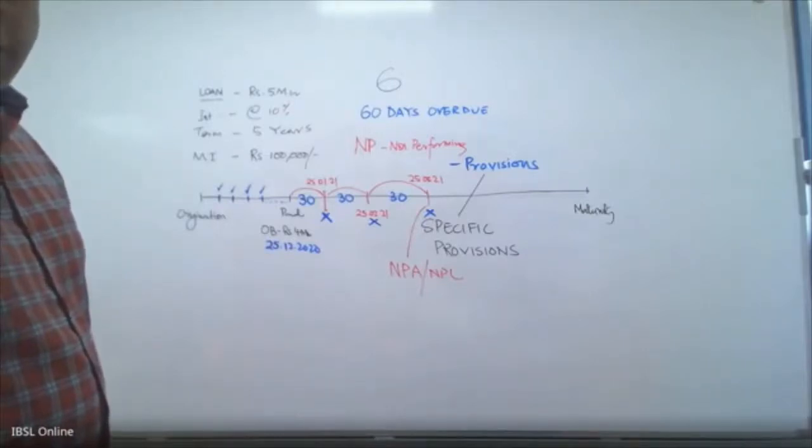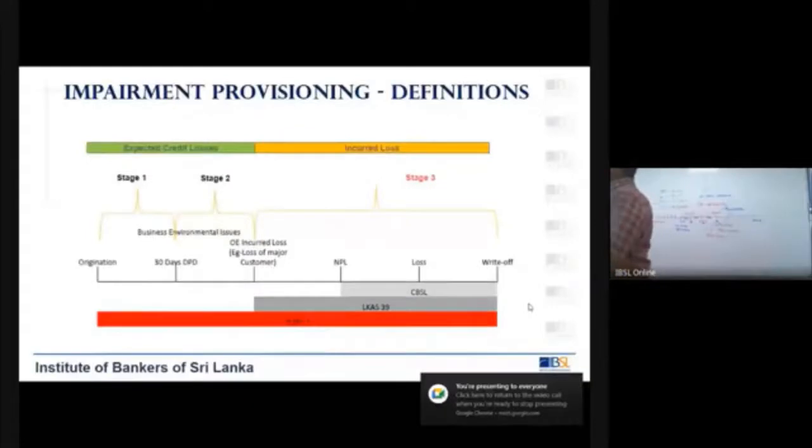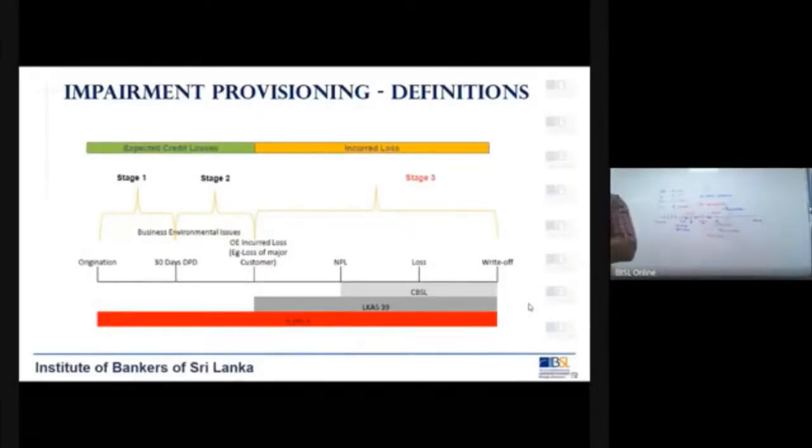Right? So that is the background with regard to the loan loss provisioning. So what we are talking about here is basically under the CBSL guideline. But now when it comes to financial reporting, this CBSL provisioning is no more. Because even the central bank as well as the Colombo Stock Exchange or maybe the CA Sri Lanka does not consider this loan loss provisioning under CBSL methodology hereinafter. Okay.